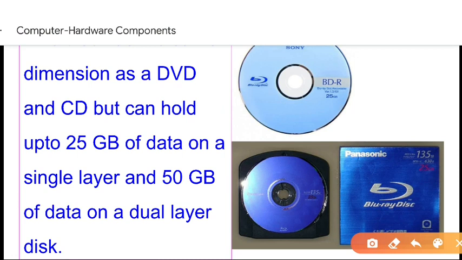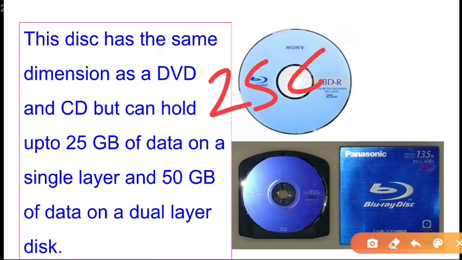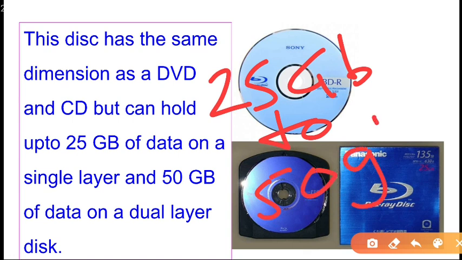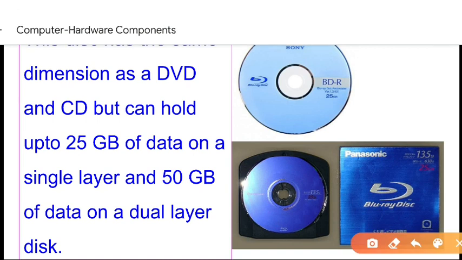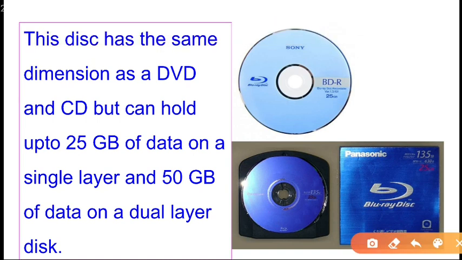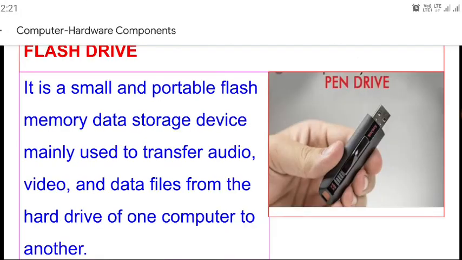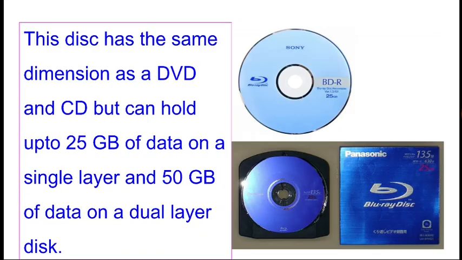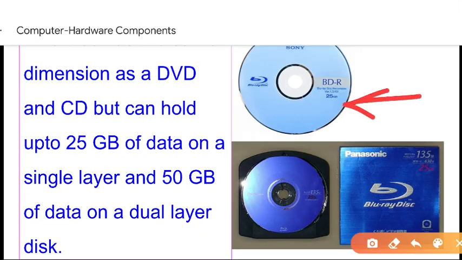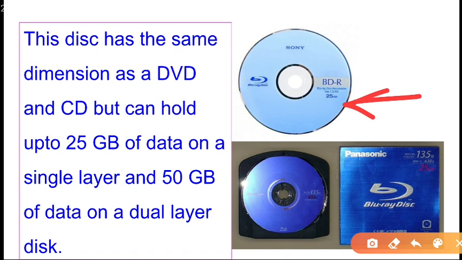But Blu-ray can store 25 GB to 50 GB, which is much higher than a DVD. That's why Blu-ray is better in terms of storage capacity than your DVD or CD. So this is a 25 gigabyte Blu-ray disc, and this is a dual layer 50 GB Blu-ray disc.